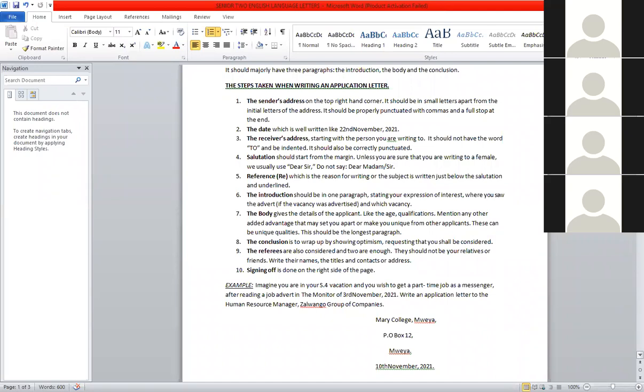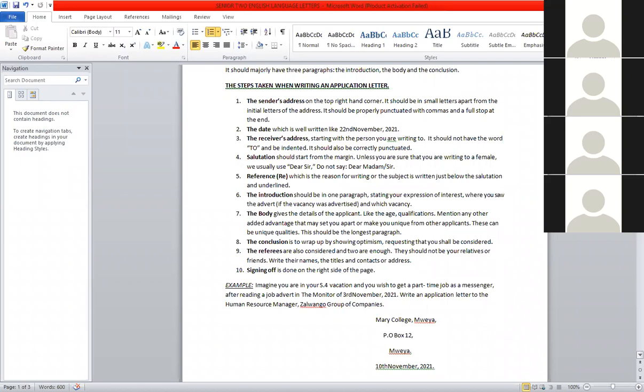If I'm a teacher and I'm writing to the head teacher, that is okay. If I'm the deputy head teacher writing to that head teacher, it is okay to address the other person by the name. We get that.